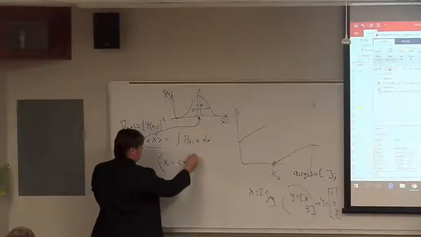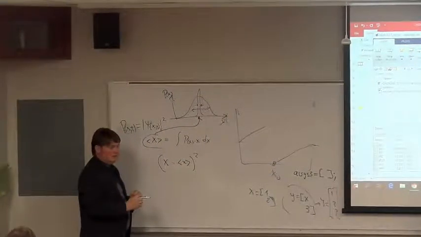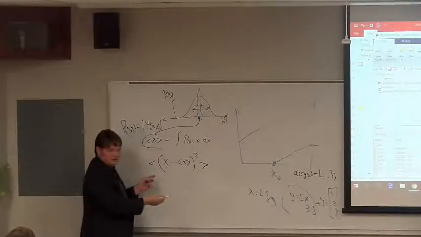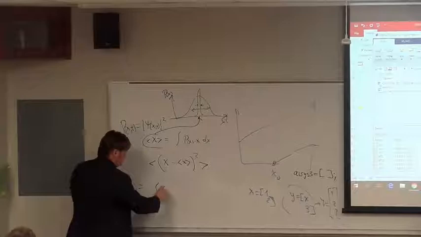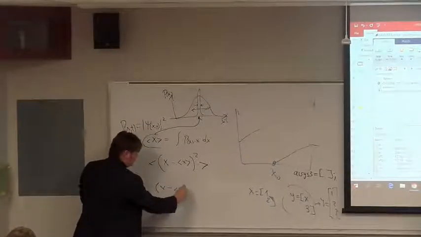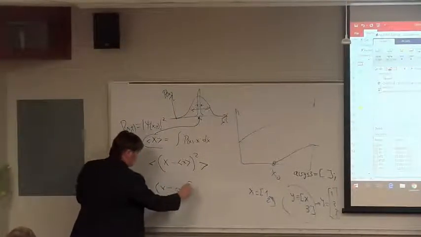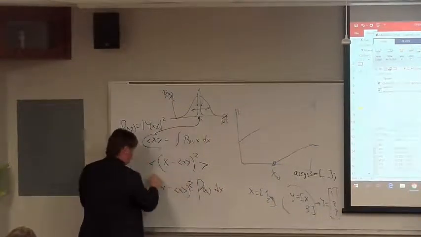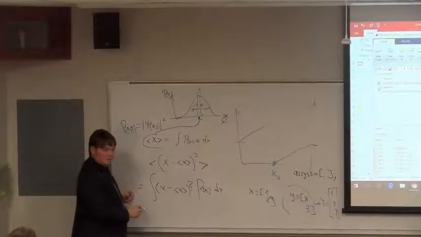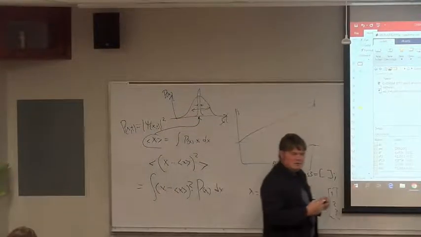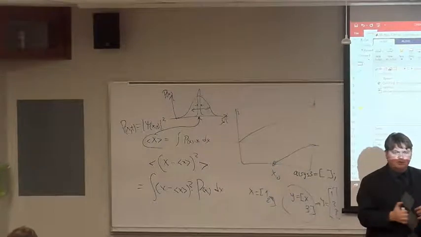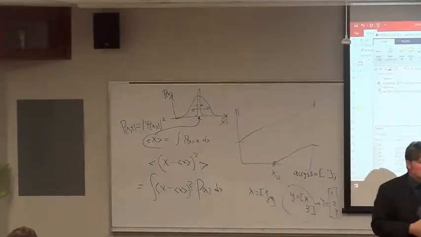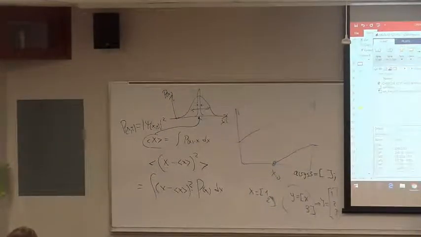But if you take absolute value and then do expectation value, which will mean x minus expectation value of x squared multiplied by distribution and then dx. Root mean square, or how you put it? No, square root. Standard deviation, yes.